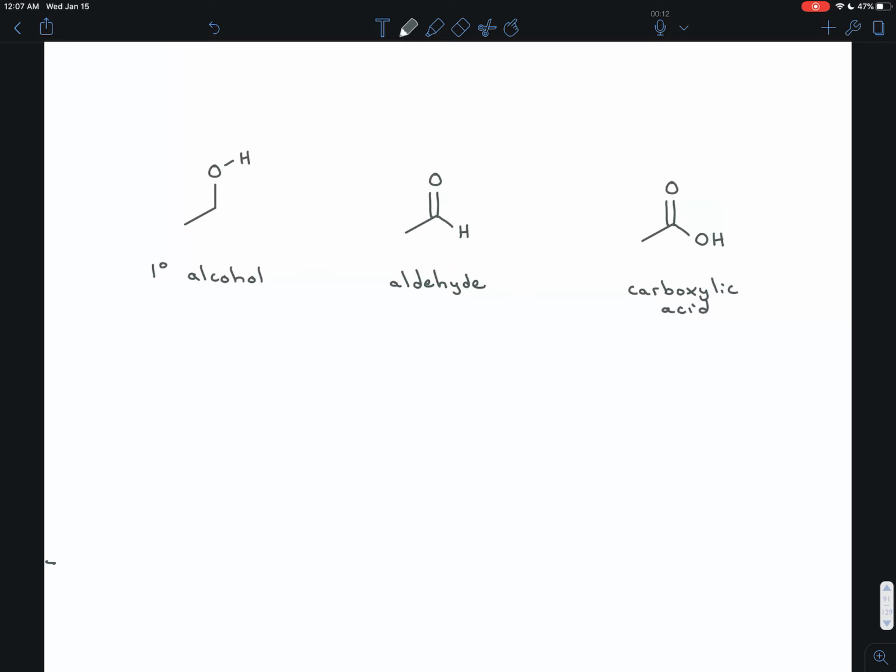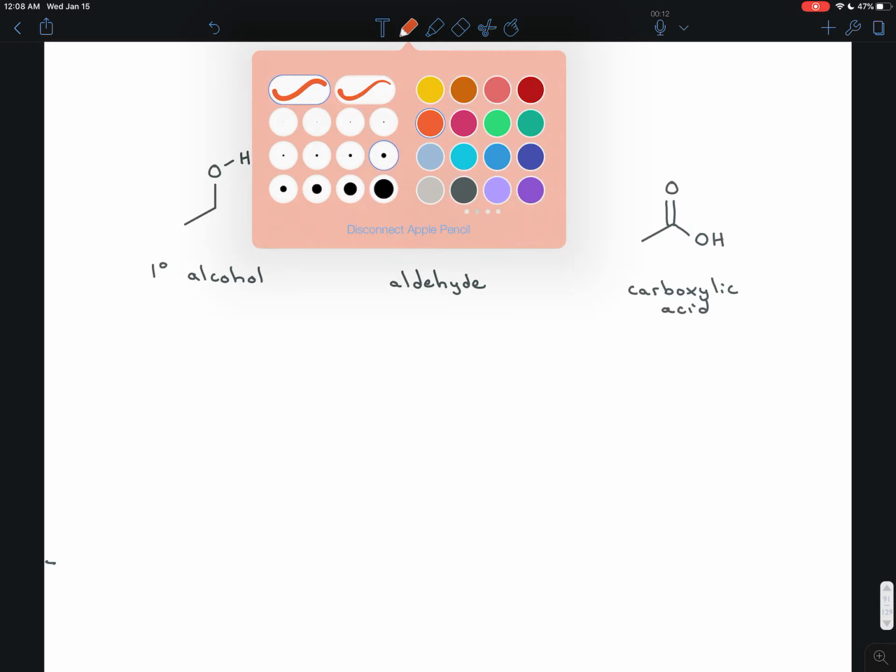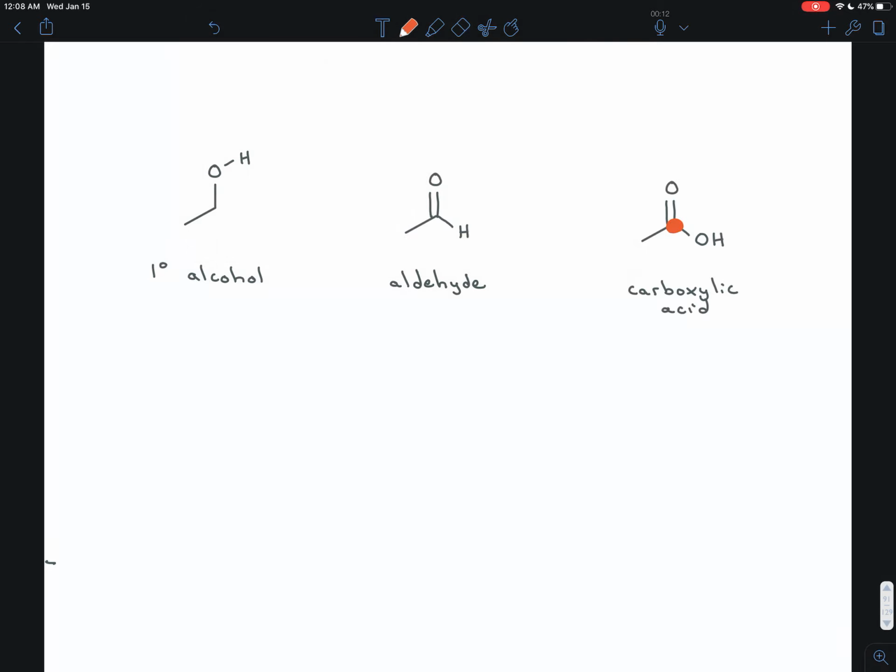Now, these transformations for oxidation and reduction are going to happen through three functional groups that we've seen already. The first one is the star of this chapter, alcohols. The second one is aldehydes, and the last one is carboxylic acids. Now, what we've covered so far are reducing agents. If you look at the carbon here, in carboxylic acids, it's bonded to 3 electronegative elements.